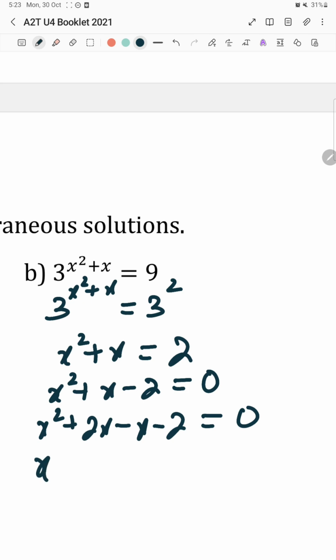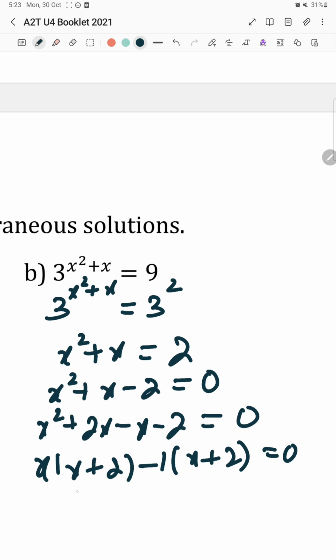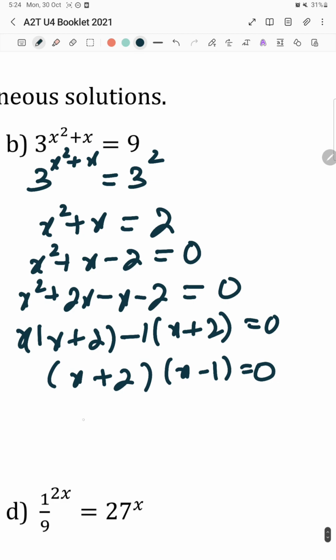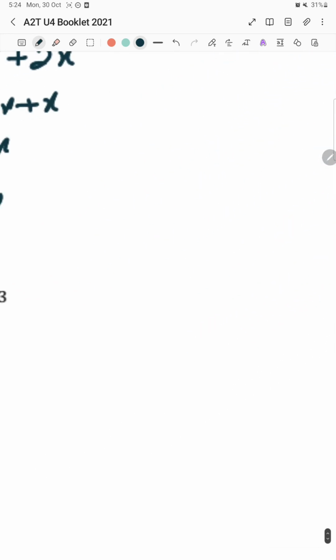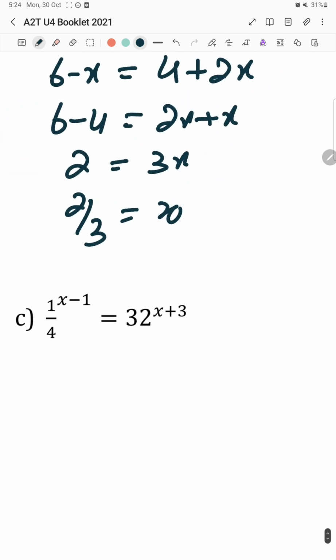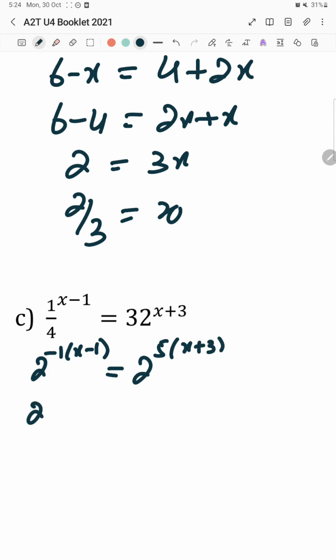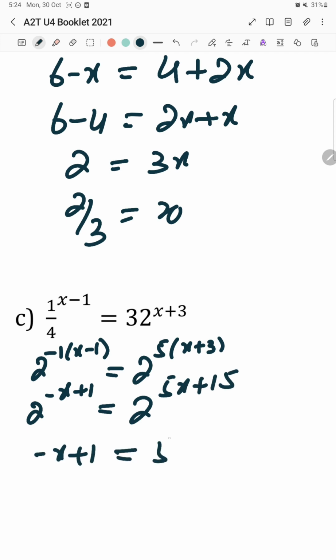So you can see this is the quadratic equation, so we will use the quadratic formula. So it can be written as 2 to the power minus x minus 1, which is equal to 2 to the power 5x plus 3, so minus x plus 1.